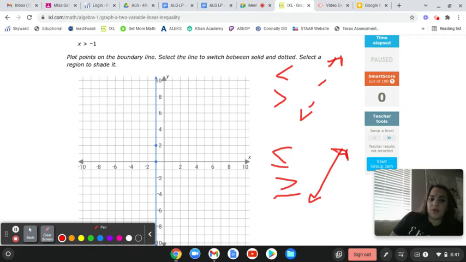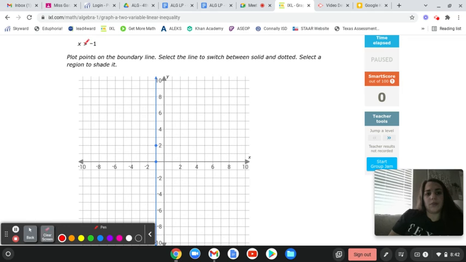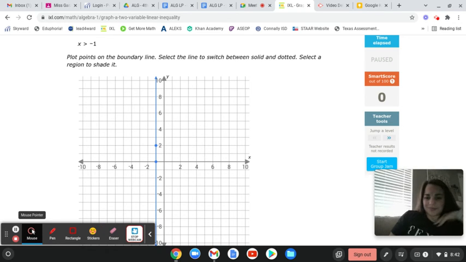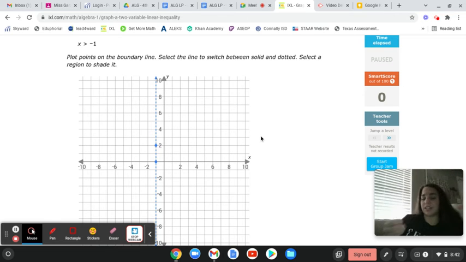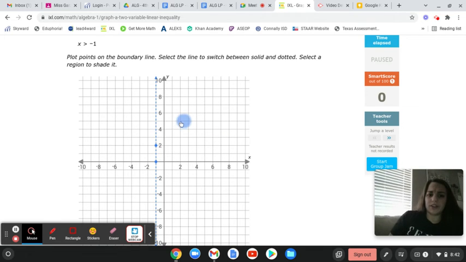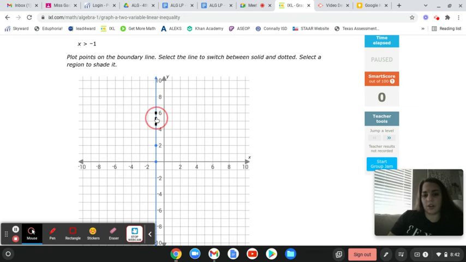All right, so we have a greater than symbol, which means that we need a line that is dashed. So if you hover over the line, you will start to have little dashed options. So just click the dash and it turns into a dashed line instead. If you ever do that on accident and you hover back and it gives you a solid line, you can change it back to a solid, okay?